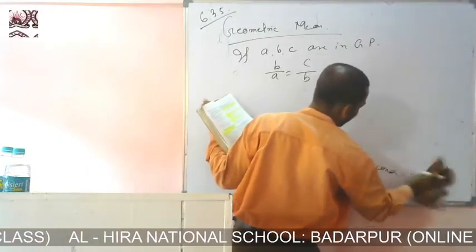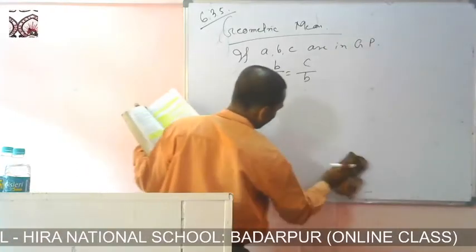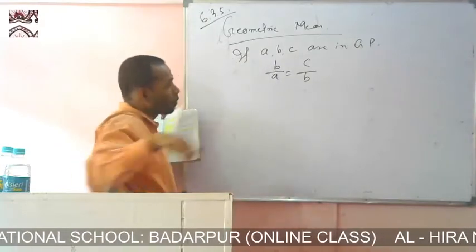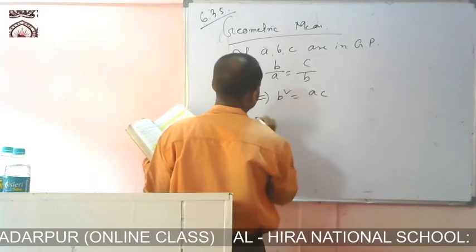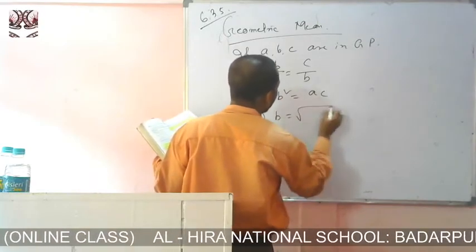So B square is equal to AC. Then B is equal to root AC.